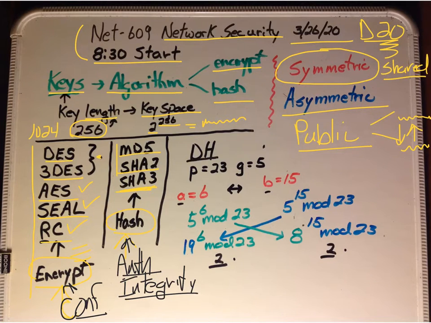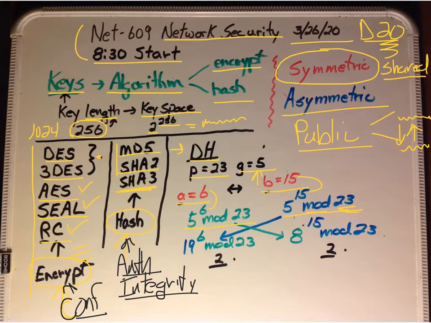So those are used. And then we talked about Diffie-Hellman, which kind of extends from all these, where you can pick a prime number. I forget what the G stands for directly, but you can think of it almost like a public key. And then you pick your private key on both ends, and then you use some type of raise to the power. So you see here 6, 15, and then modulus divides. It gives you the remainder from division.